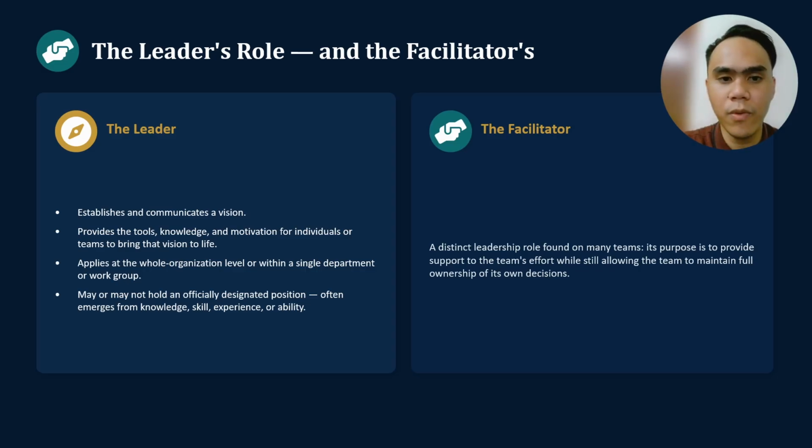So let's define exactly what leadership actually does. In concrete terms, before we move into team mechanics, the leader's role is to establish and communicate a vision, and to provide the tools, the knowledge, and the motivation necessary for the individuals or teams who will collaborate to bring that vision to life. This applies at any scale, an entire organization or just a specific department or work group.